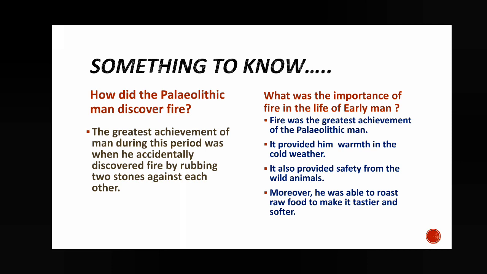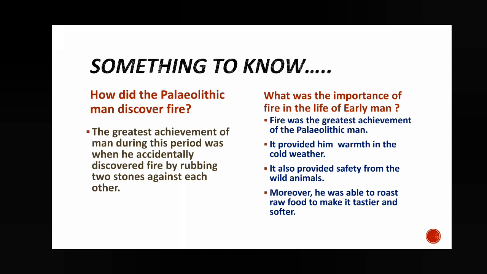That means it was not a pre-planned thing; they were not practicing how to discover fire. Just accidentally, when they were rubbing two stones, due to the friction, fire was discovered. That means it was just an accident.